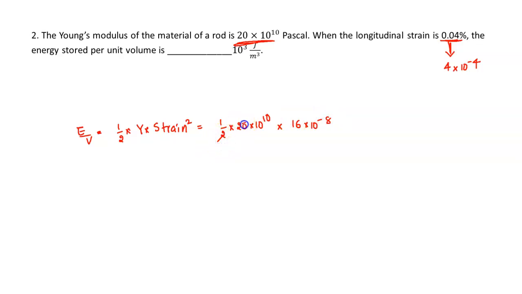So this 2 will cancel out 10 times. So this will be 16 into 10 power 11 into 10 power minus 8. 11 minus 8 will be 3, so 10 power 3 joule per meter cube. Here also they have asked in 10 power 3 terms, so the missing numerical will be 16.